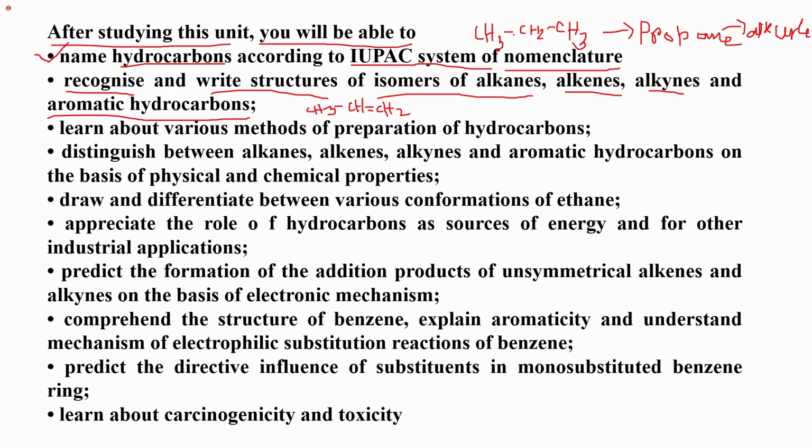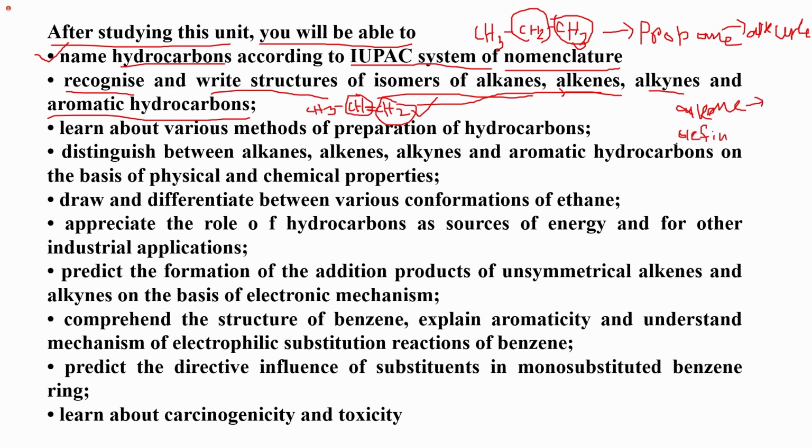Here it is a CH because one proton is less, and above you can see this is a CH3, but here it is CH2. That means in both carbon atoms, one hydrogen atom is less than the original structure. That's why it is called alkene, because at least one double bond is present. This is called alkene, or the other way you can also say olefin.